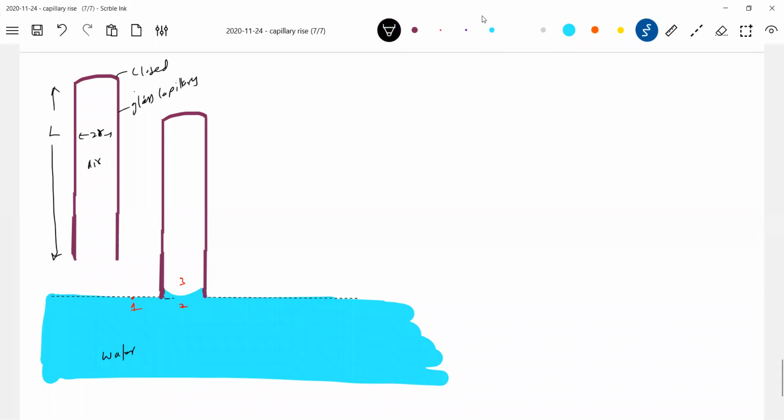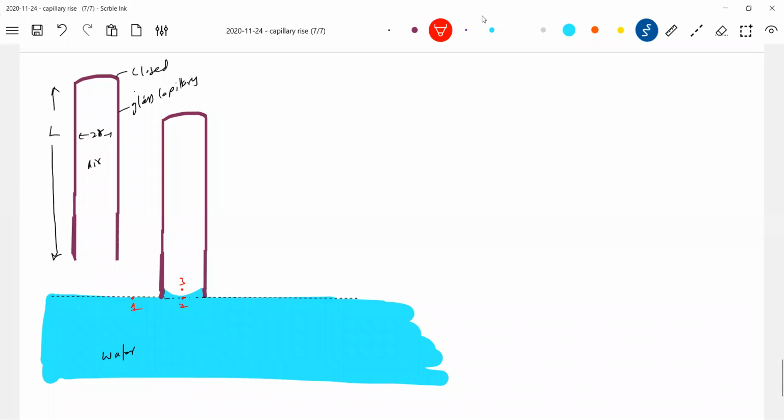This is the dotted line. Okay, now we are very sure, no, what is the pressure at 3? Let's say P naught. So what is the pressure at 2? Less than P naught. Pressure at 1 must be P naught.